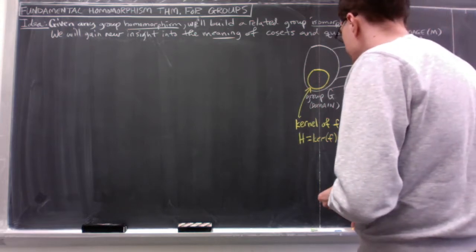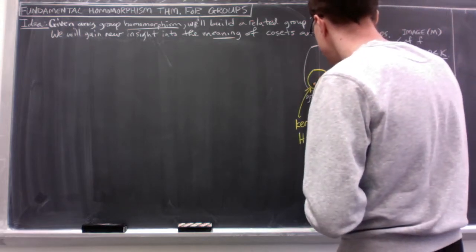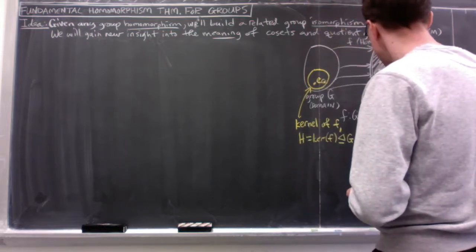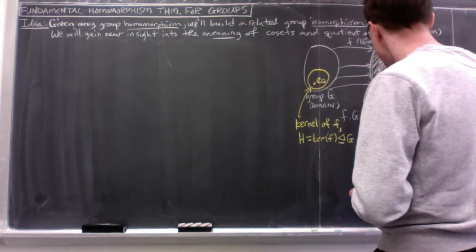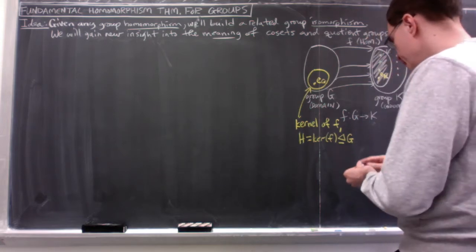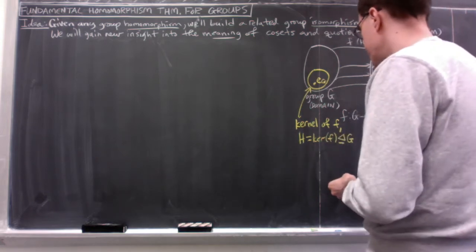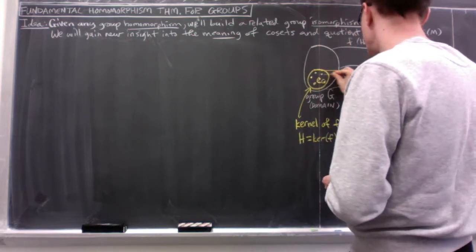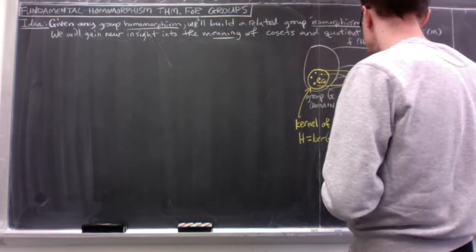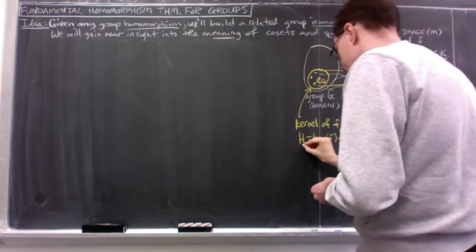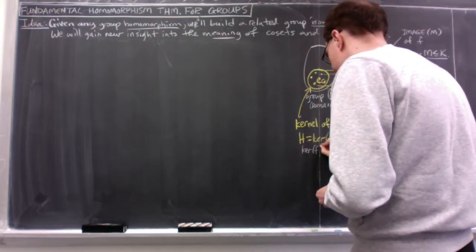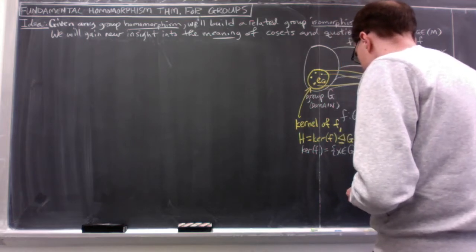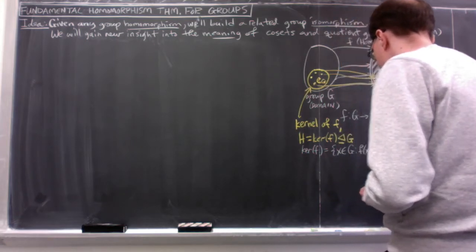And of course, it contains E, the identity of G. And over here somewhere is the identity of K. And everything in this kernel, which could have a lot more stuff in it than just E, but everything by definition in the kernel gets sent to the E of K. The kernel of F is the set of all x in G such that f of x is equal to E sub K. That was the definition of it.